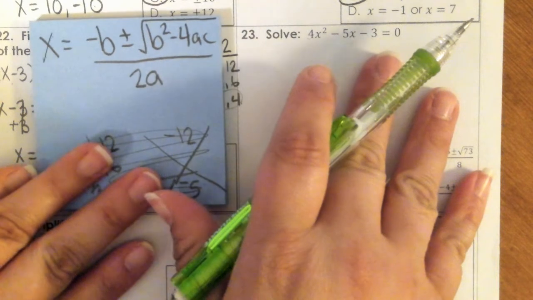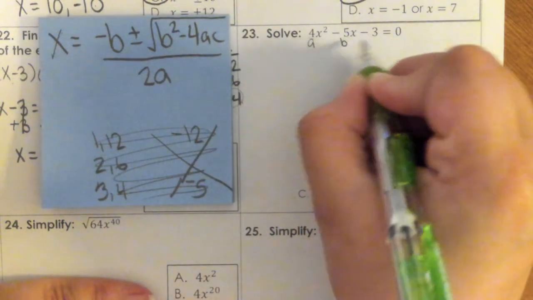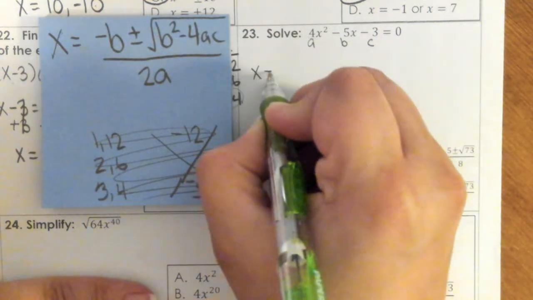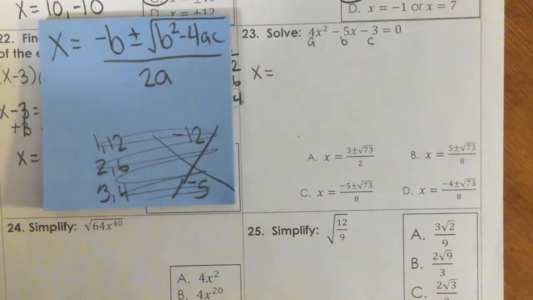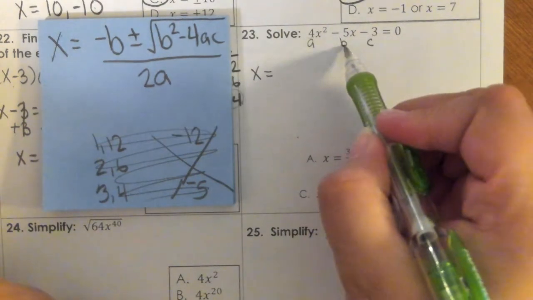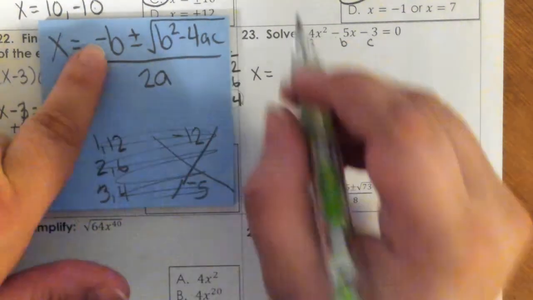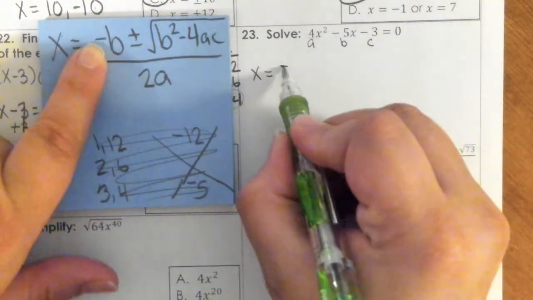So first, I want to go ahead and label A, B, and C. I like this part because this helps you figure out your answer, honestly. If I see that B is a negative 5, and there's a negative here in the formula, I have that negative.